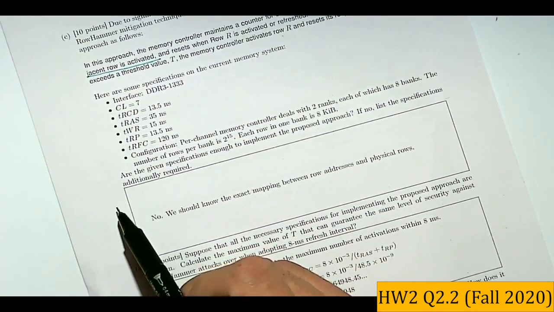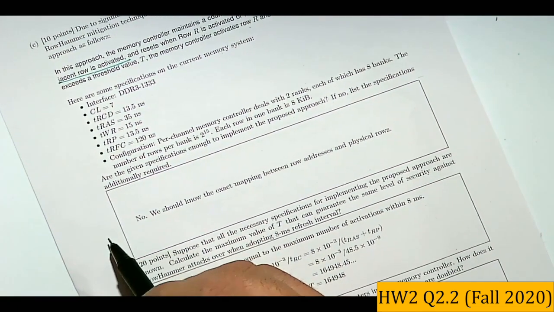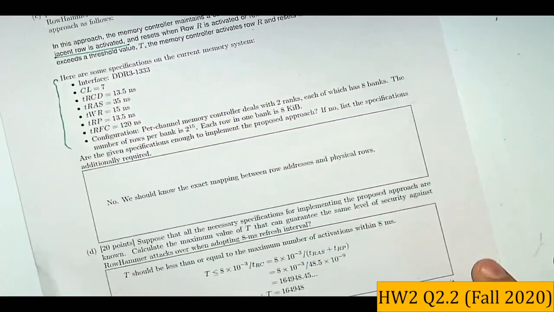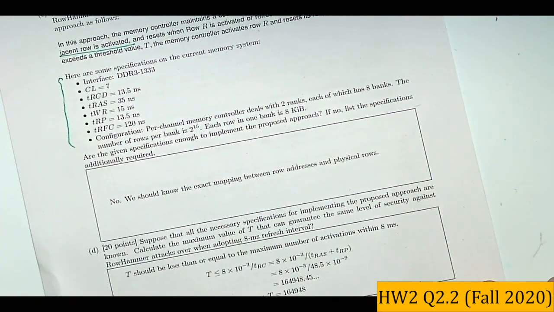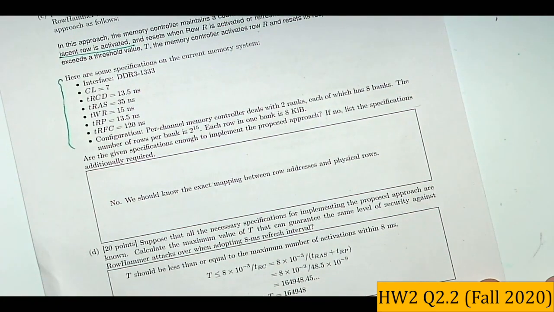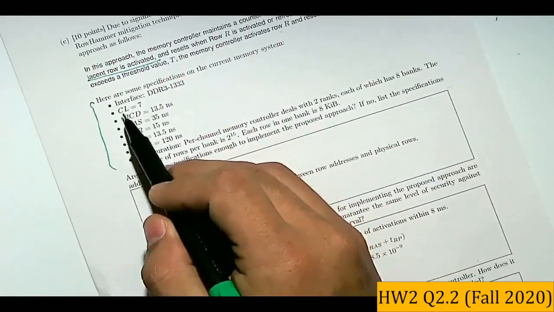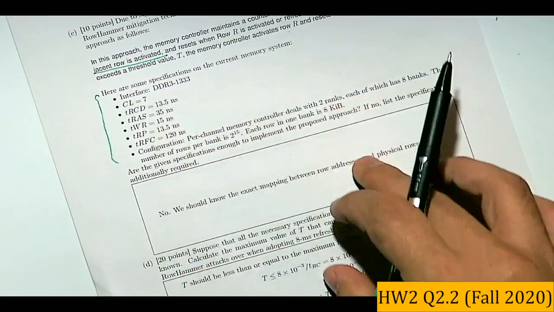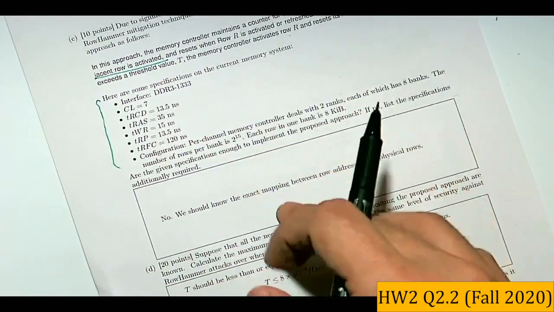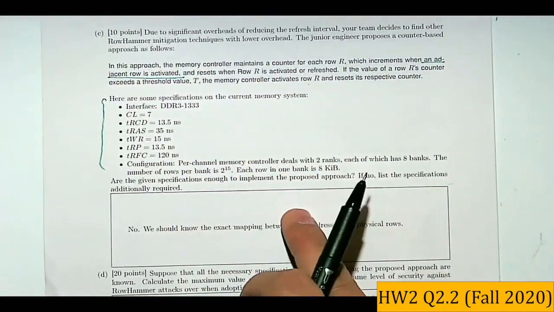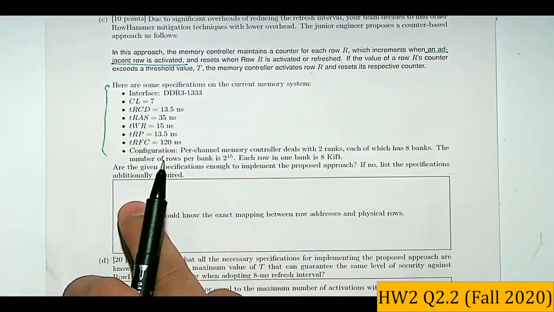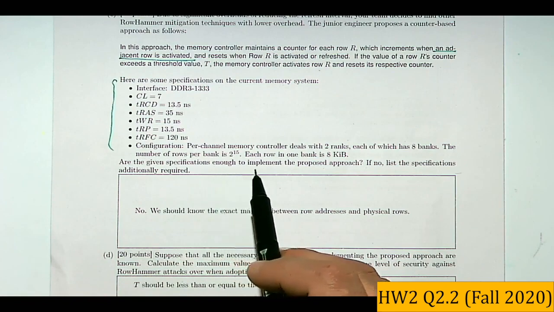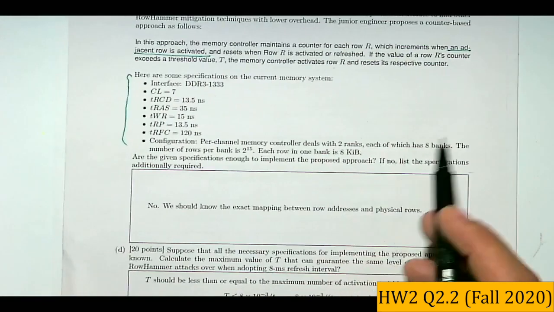So here is a bunch of information about your DRAM module for now: interface generation, cost, latency, tRCD, and so on. The question is asking, are the given specifications enough to implement the proposed approach?